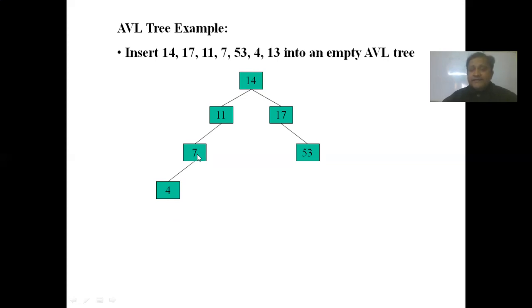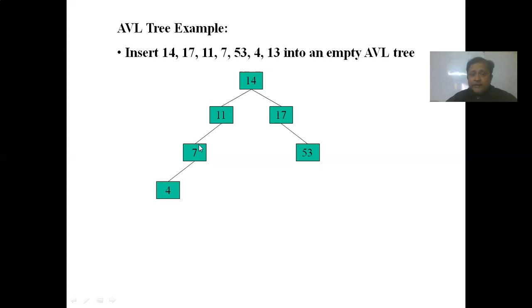It is also balanced. For 11, the height of the left subtree is 2, the height of the right subtree is 0. So the balance factor is 2, so it is not satisfying the balancing criteria. The balance factor criteria is not satisfied in 11, so we have to make it balanced.